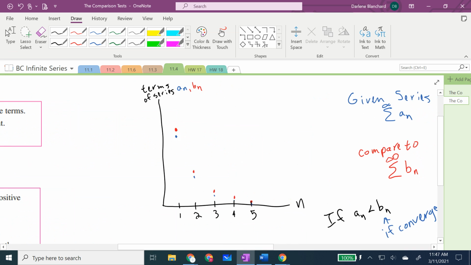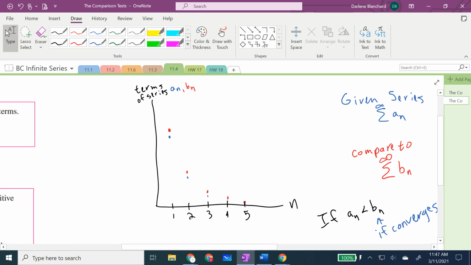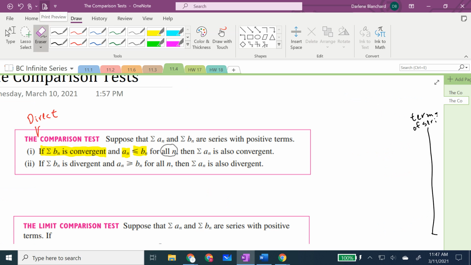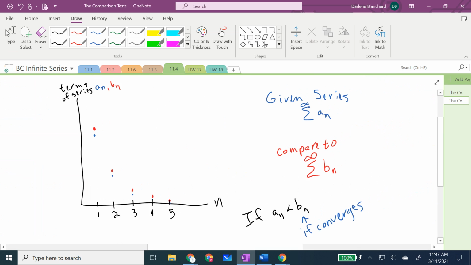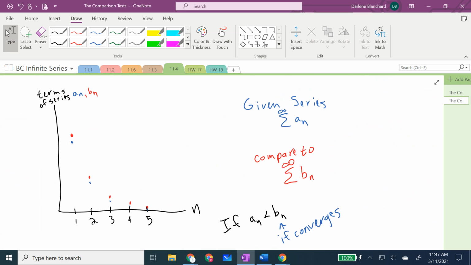And I want you to visually think about this aspect.